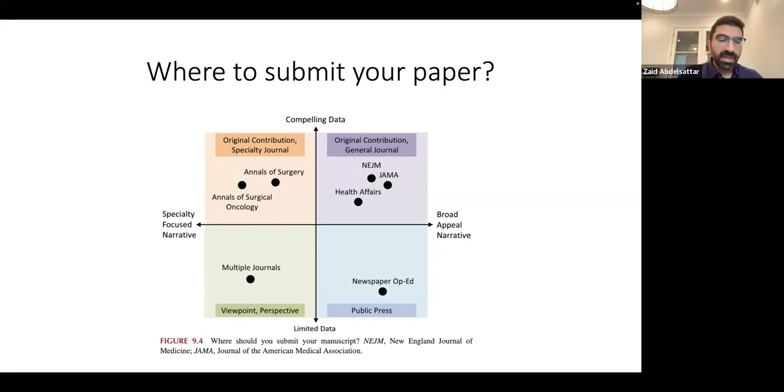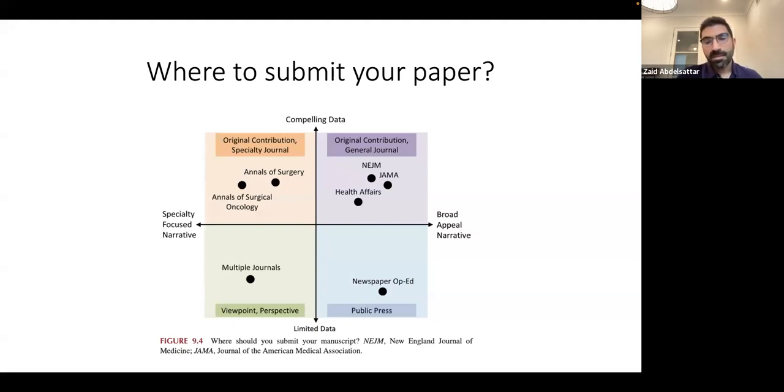And you have an idea, generally speaking, of what the impact factor for these journals are. Again, it's just a measure of one way of seeing things. It's not the be all end all. There's so many different ways of measuring the impact of journals, but that's one numerical thing that historically has been used that you can just follow. But this is just a general framework of where to send it.